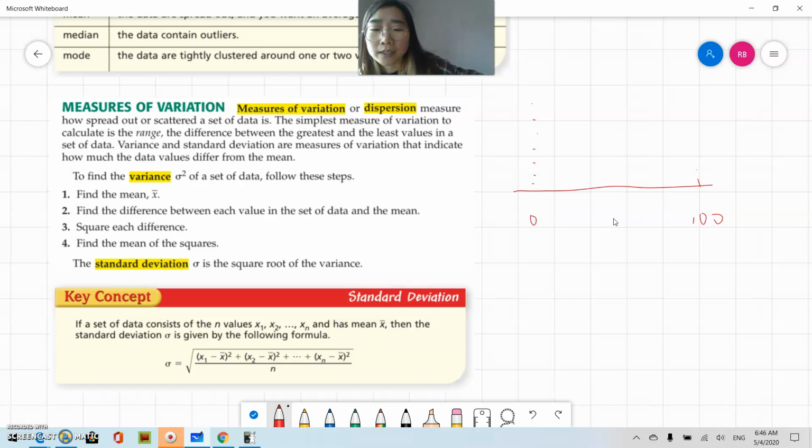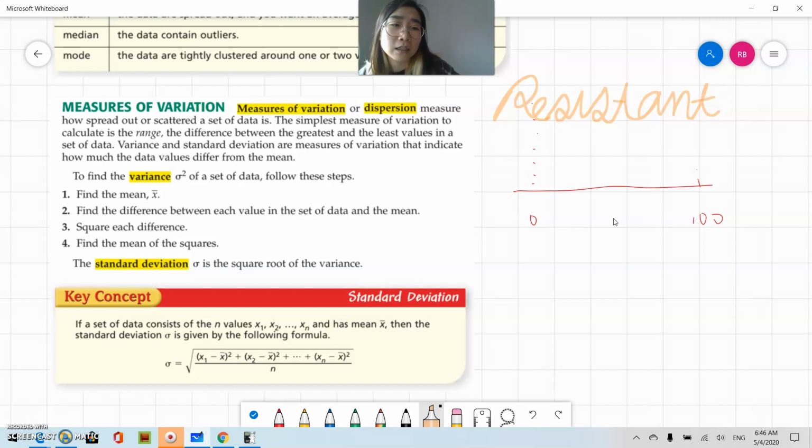So yesterday we talked about something called resistant measurement. Resistant statistics, like the median. So median is resistant, and the measure of variation that goes with median is something called IQR.